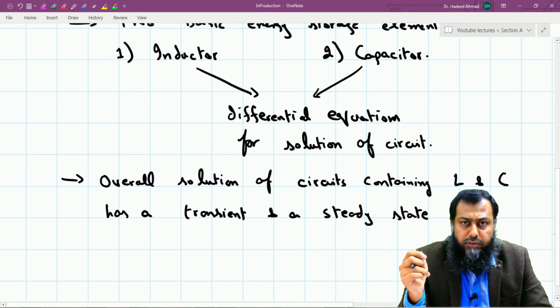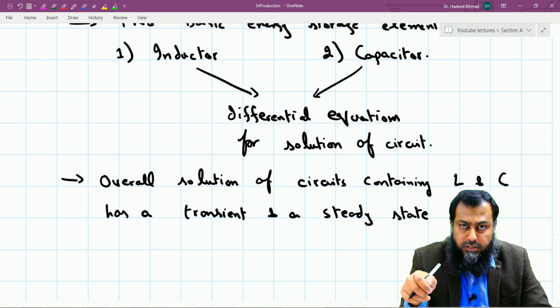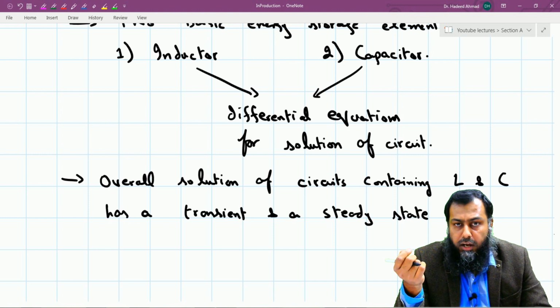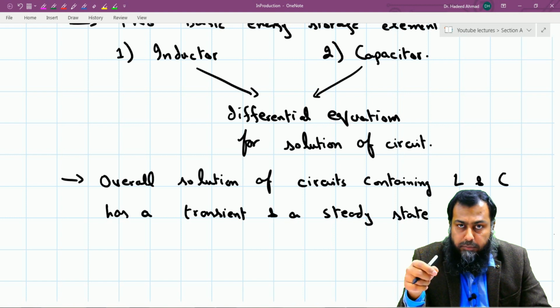In today's lecture, we shall only discuss the properties of the inductor and the capacitor from a circuit point of view. That is, we shall limit our discussion to the voltage and current relationship in these two elements, right?